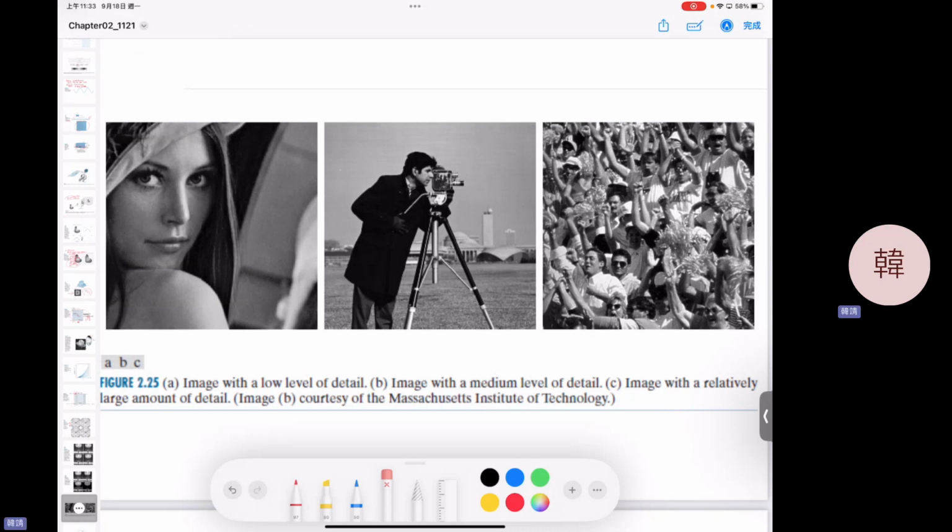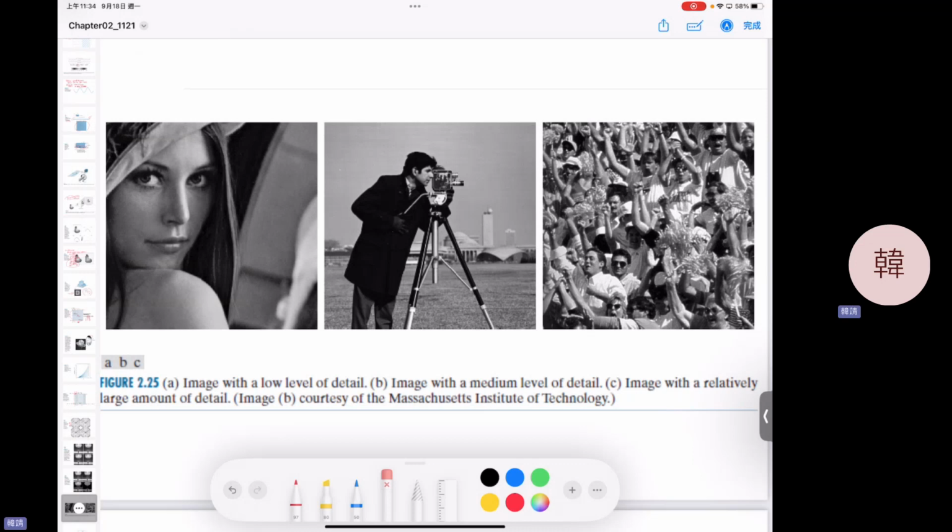The left one has very simple content. The middle one has medium content. The right one is complex, with a lot of complex detail. So simple, medium, and complex: 3 different levels of image content.